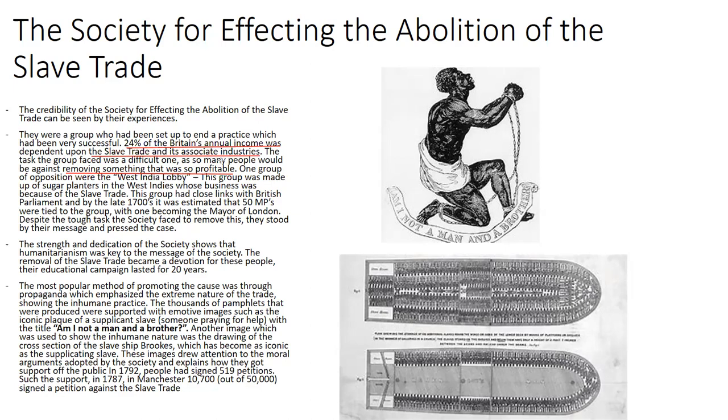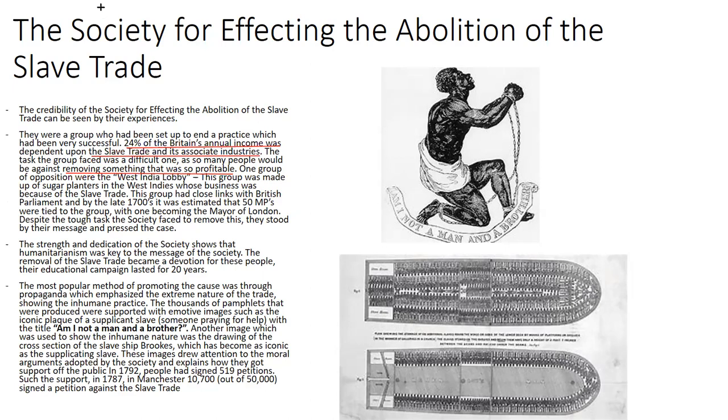So it could suggest that MPs of Britain at this time were financially benefiting from companies who took advantage of slaves. Now, this is where the Society for Effecting the Abolition of the Slave Trade struggled, because if MPs are actively benefiting from this group and this whole concept, then it's going to be very hard to pass legislation through the House of Commons.